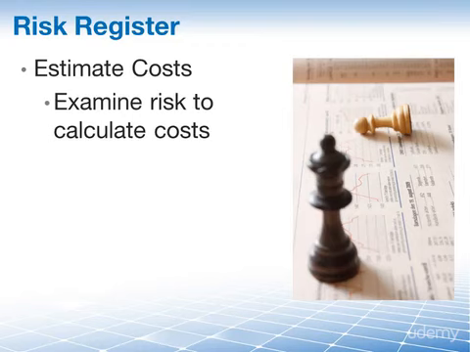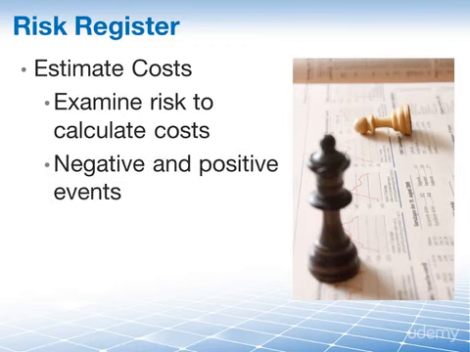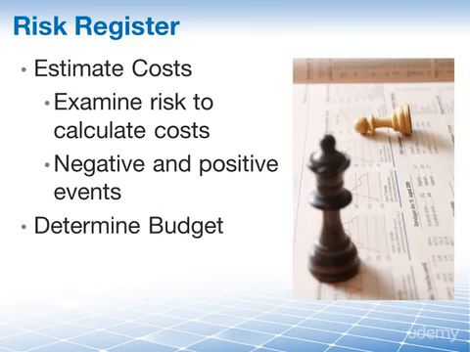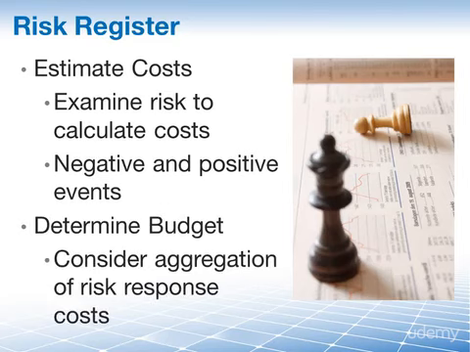We considered both negative and positive events. Here, in the Determine Budget process, we are also looking at the risk register, but our focus is towards understanding how to best aggregate the risk response costs and bring them all together and add them up.